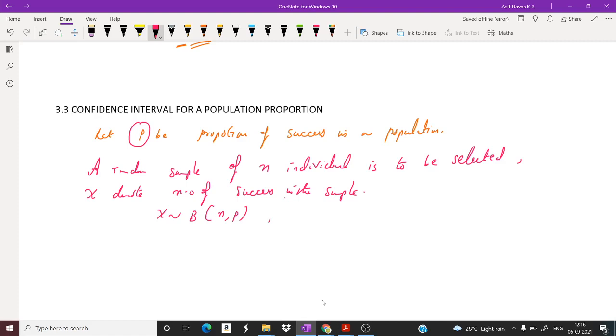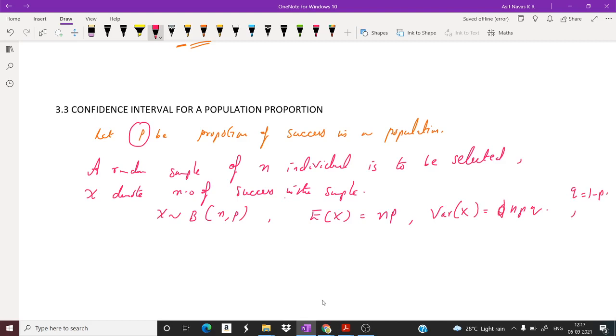Then we know that the expectation of x is np, and the variance is npq, where q is equal to 1 minus p.